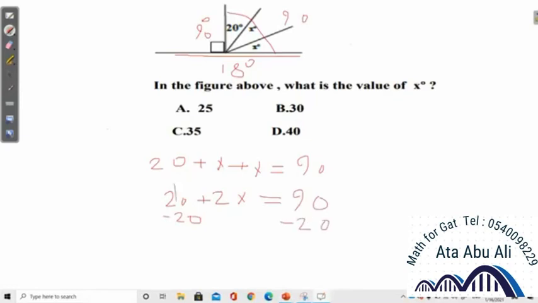So 20 minus 20 is 0. Still 2x is equal to 90 minus 20, which is 70. Then I divide both sides by 2. 2 divided by 2 is 1. So now x is equal to 70 divided by 2, which is 35. So x is equal to 35. This is the angle of x.